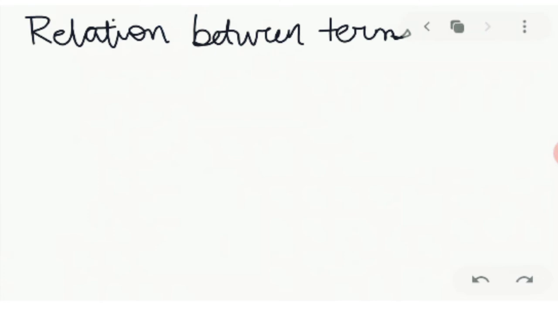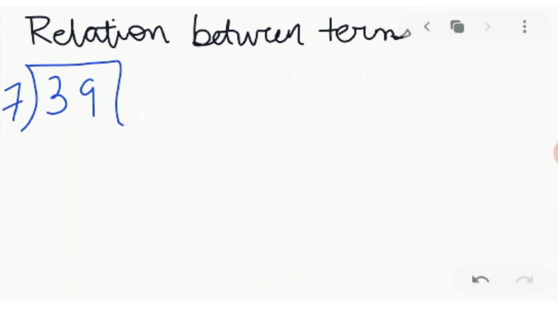Up till now we have studied what the terms are called. Now we will also study the relationship between the terms. For example, let's take 39 divided by 7.